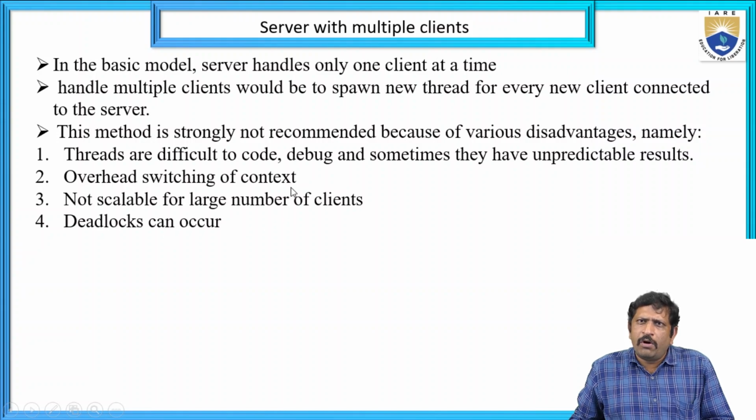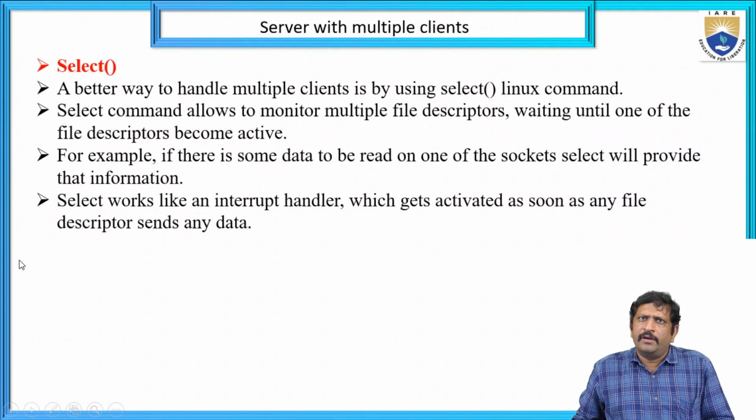There is overhead from context switching, and it is not scalable for a large number of clients. Deadlocks can occur. So these are all the disadvantages of multiple clients with a single server.